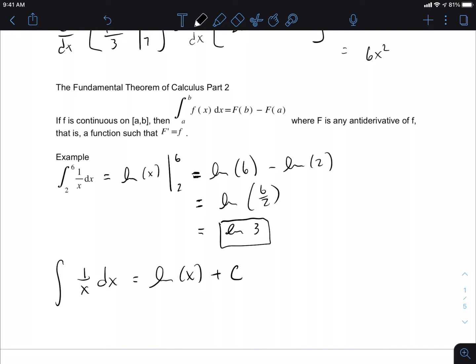This is the indefinite version. If we have upper and lower bounds, then we do the fundamental theorem of calculus part 2. So this one will be FTC2 because we have the upper and lower bound. This one is just a generic indefinite. Does that make sense?